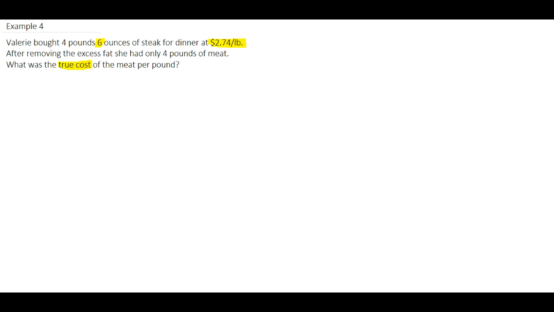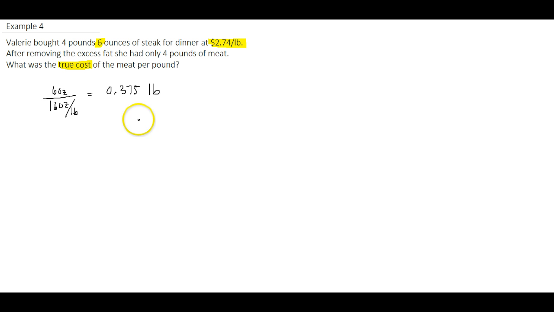So I know that if I have 6 ounces and I divide it by 16 ounces per pound, that gives me the portion of a pound that 6 ounces is. So I divide that out, 6 over 16, and that gives me 0.375 pounds. So the 6 ounces is 0.375 pounds.